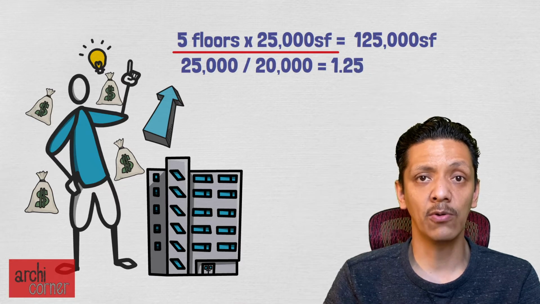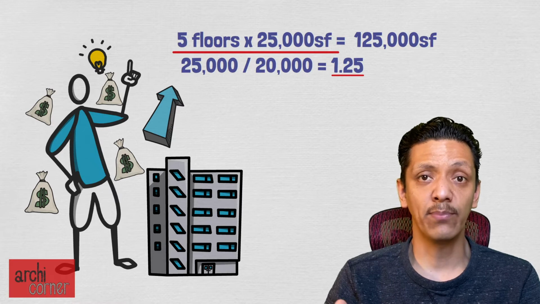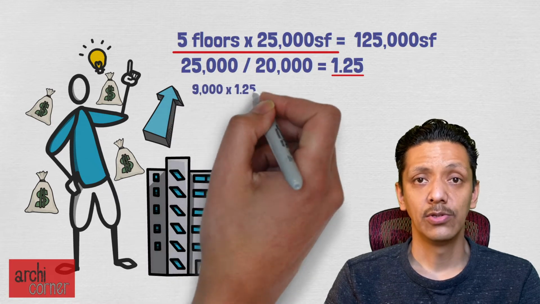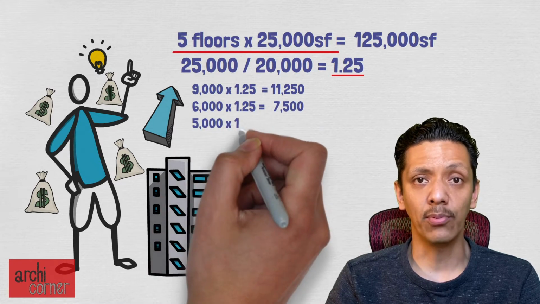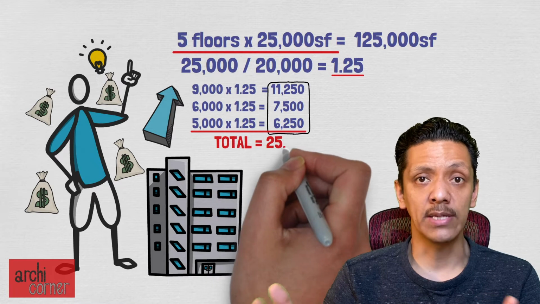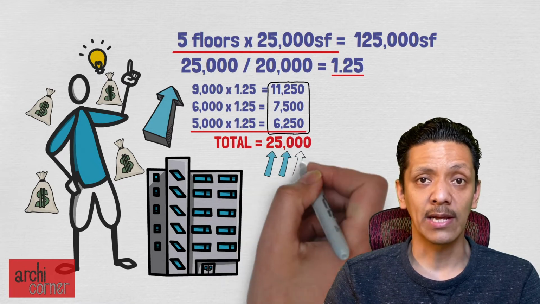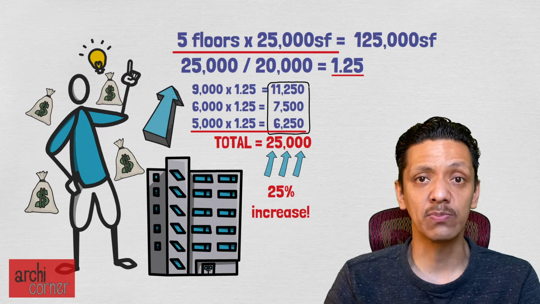He comes up with a load factor of 1.25, which in itself is a 25% load factor. So Johnny takes each one of the 3 suites, multiplies them by 1.25, and he gets the area he was expecting to rent out to begin with. In other words, like we mentioned already, he adds 25% to each one of these spaces.